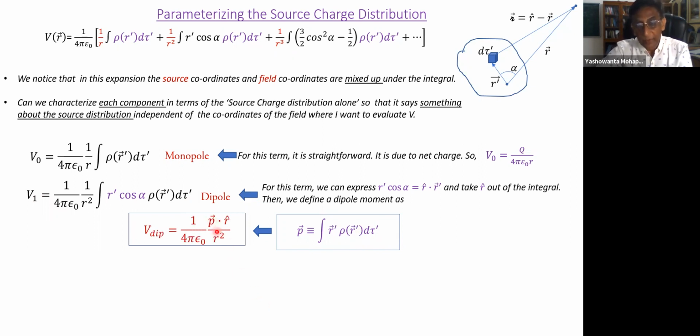So nice. Now if I know p, at every point I simply have to take the dot product with r hat, and I have my potential. I don't have to integrate every time. That is what I meant by parameterizing, and that's done. So the first term is the total charge. The second term is the first moment, that is r prime rho r prime d tau prime, or you could say r prime dq.